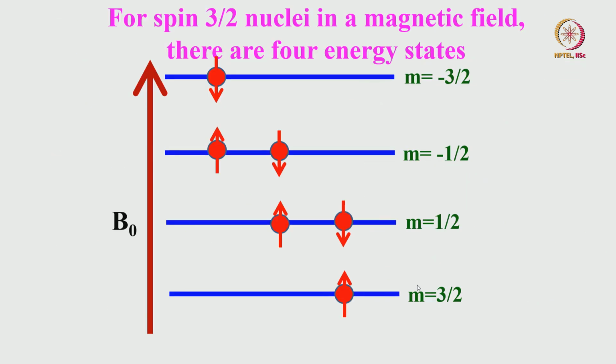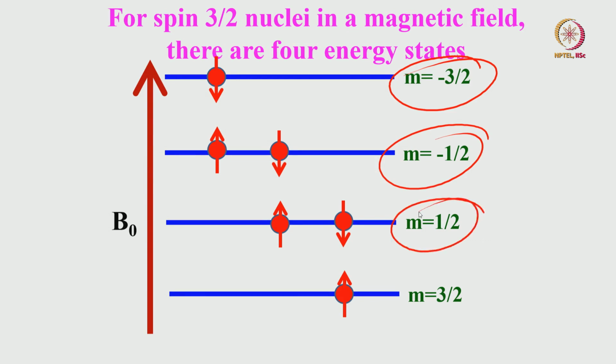Now let us extend it to the spin 3/2 case. We can consider an example of a nuclear spin which has spin quantum number 3/2. Then what are the possible energy states for this? We have -3/2, -half, +half and +3/2.